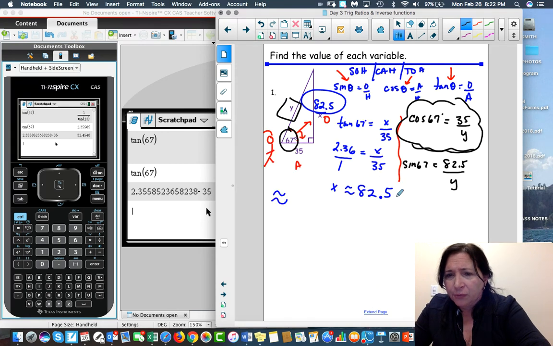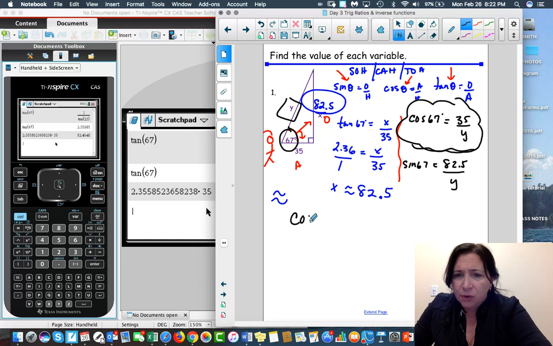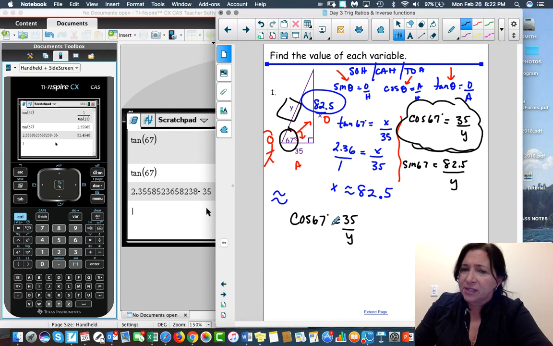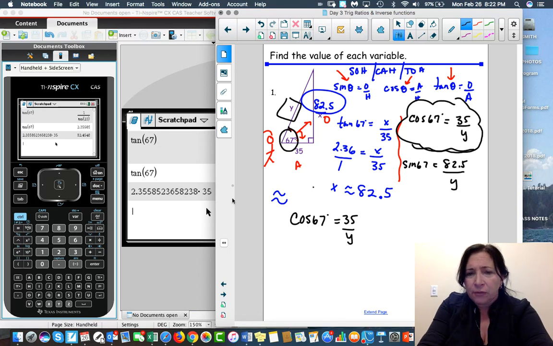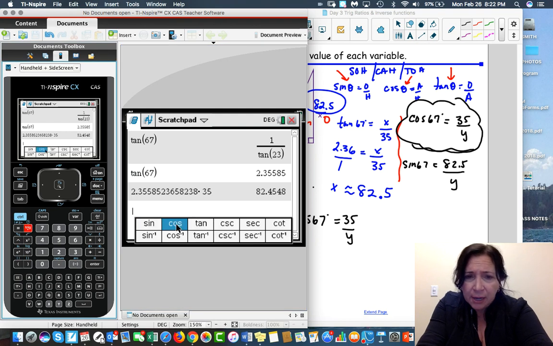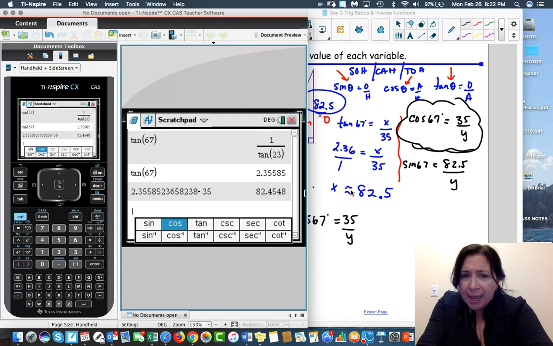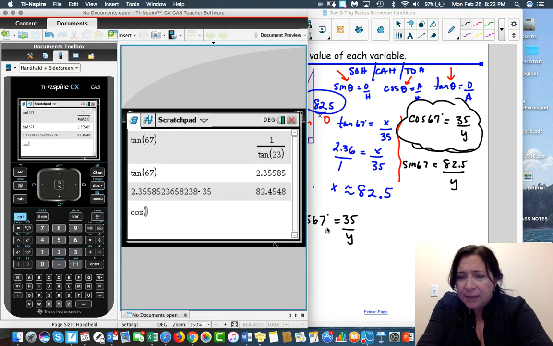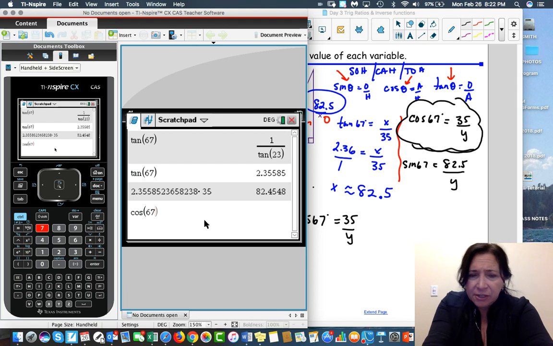Cross multiplying, I'm going to come down here to the bottom. Cosine of 67 degrees equals 35 divided by y. I need to know what cosine of 67 is. So I'm going to go over to my calculator and type in cosine, find it in the trig functions, press cosine of 67 degrees.